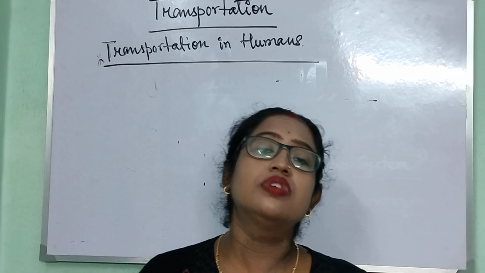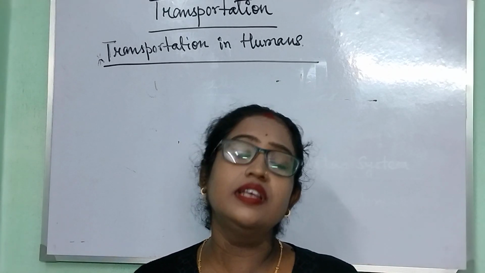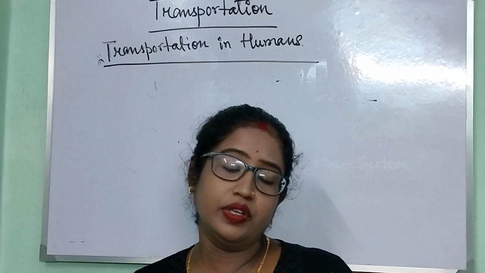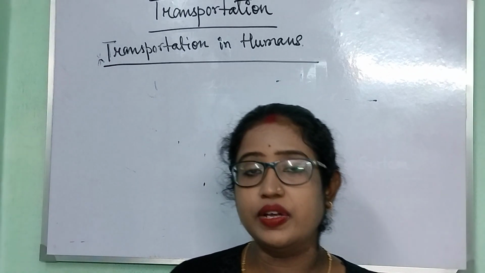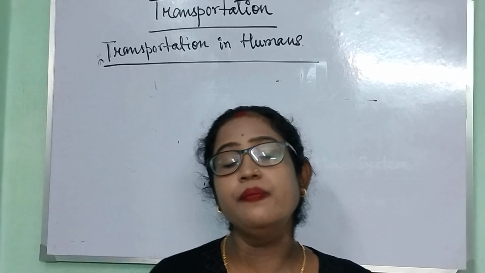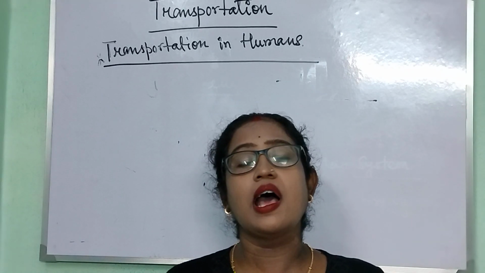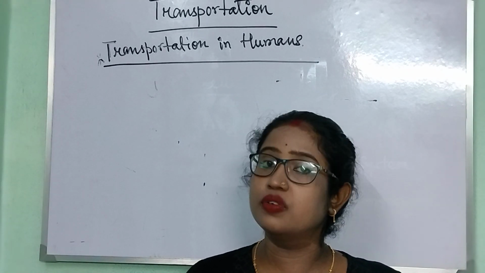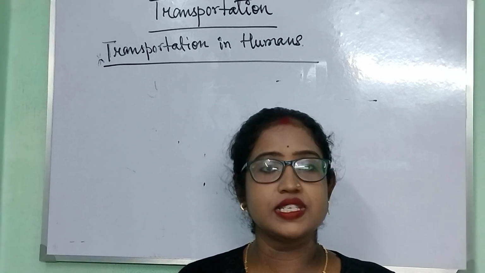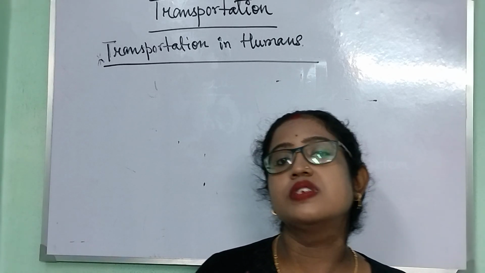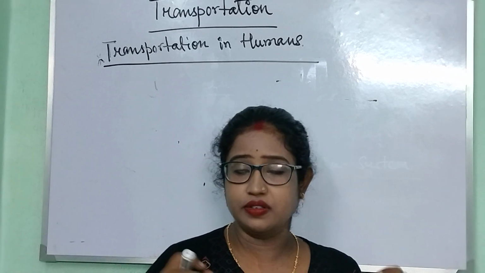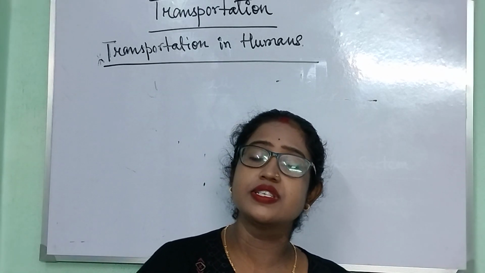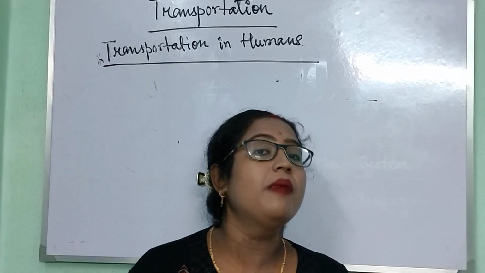So to transport these things to each and every cell and to discard the waste material from the cell, humans have a well developed circulatory system, and that circulatory system is the closed type. So the human circulatory system actually has three parts.